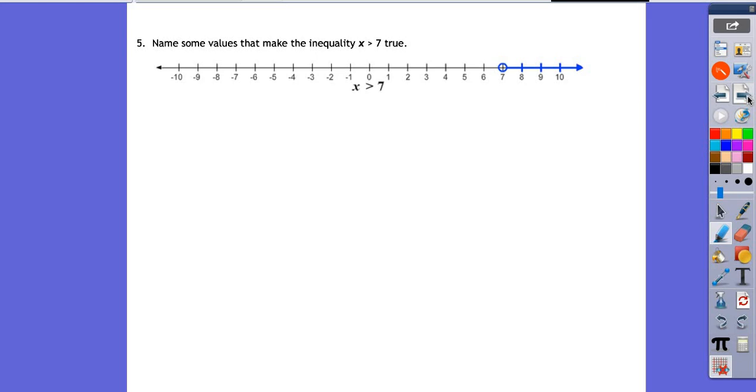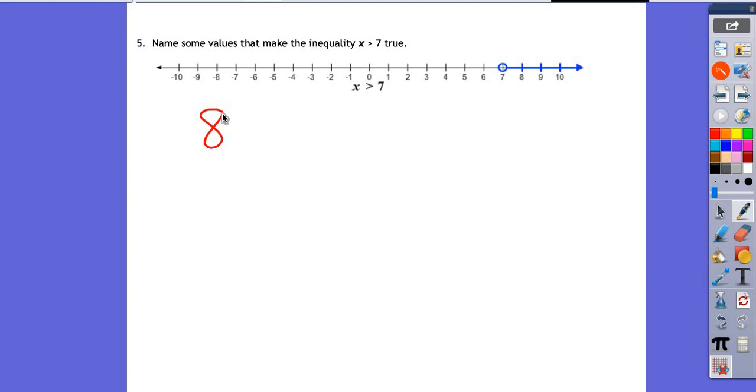So what are some values that are greater than 7? 8. We're listing some. Give me a decimal value that's greater than 7. John, what you got? 27.5. Is that on my graph?